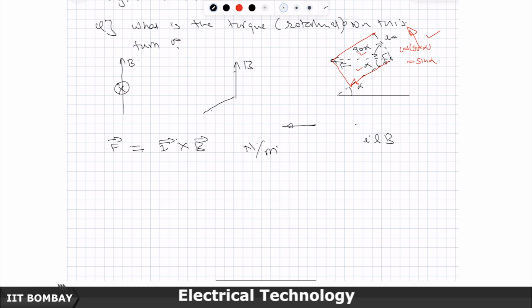And when you apply that my conductor is of length L, it will further get multiplied by length L, and finally, if this angle is 90 degrees, it will translate onto ILB, otherwise it will be L cross I times B.